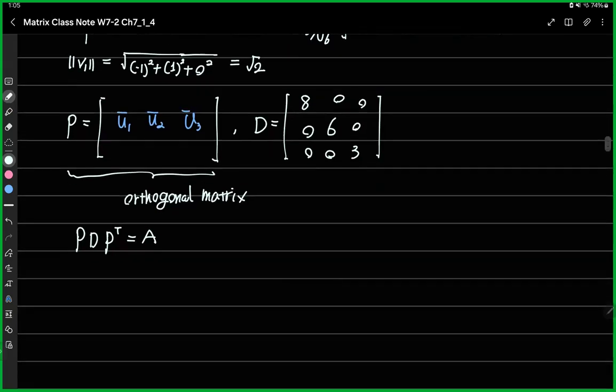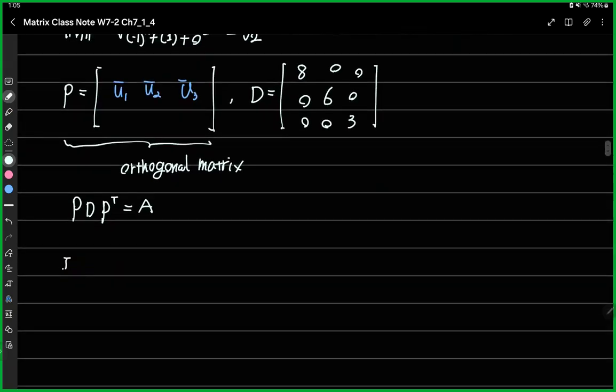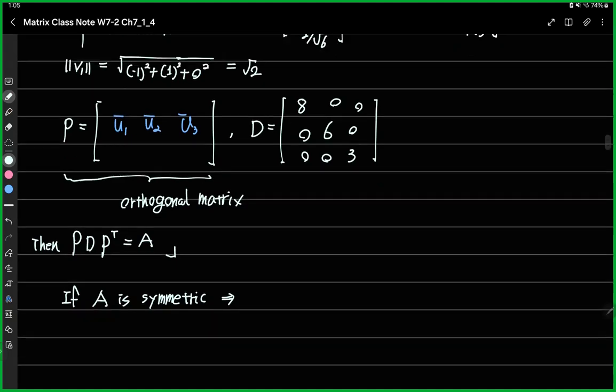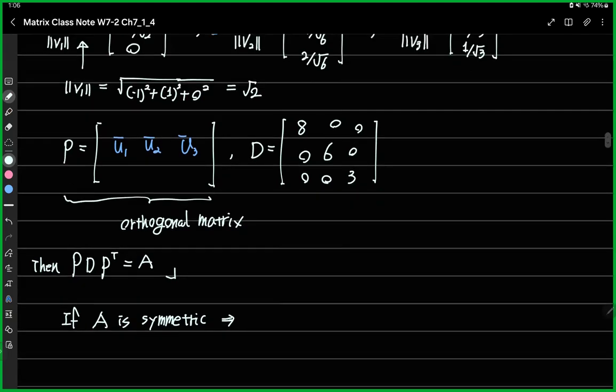if A is symmetric, then what does that imply? The eigenvectors from distinct, different eigenspaces.